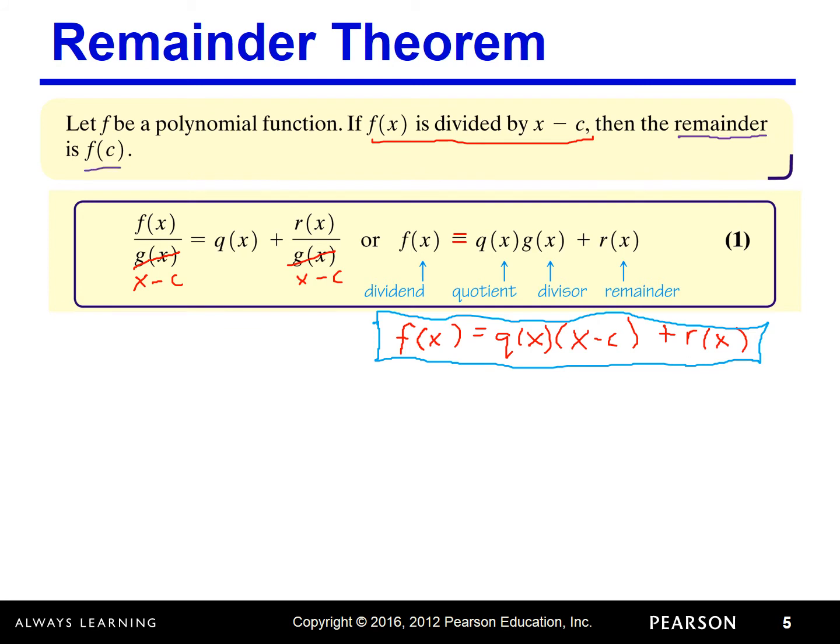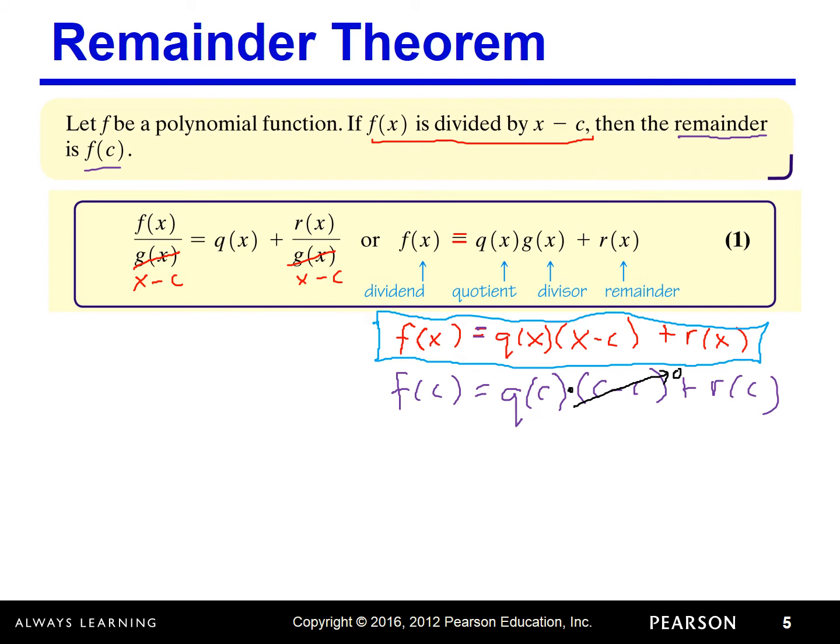So if we look at this equation down here and ask, what is f of c? f of c is q of c times c minus c plus r of c. Well, c minus c is, of course, 0, so we're zeroing out that factor.